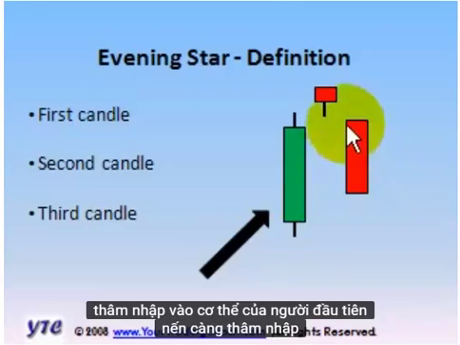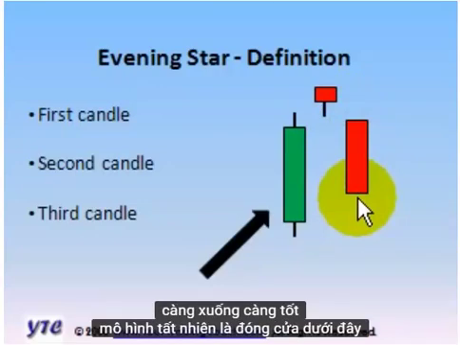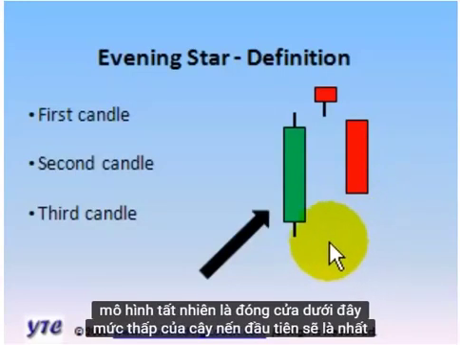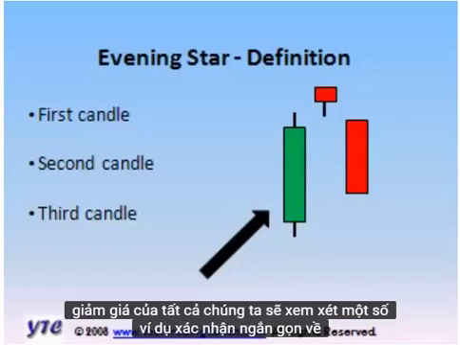The further the penetration downwards, the better, the more bearish the pattern is. Of course, closing below the low of the first candle will be most bearish of all. We'll look at some examples shortly.